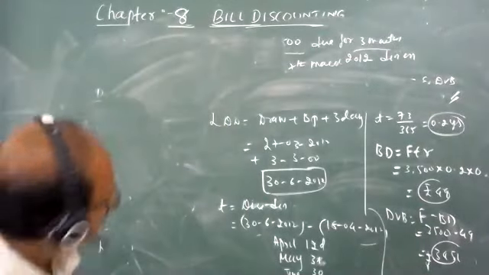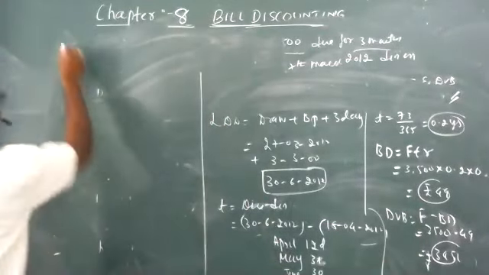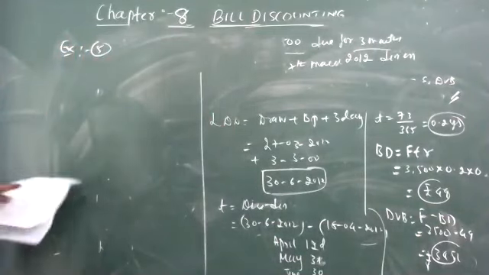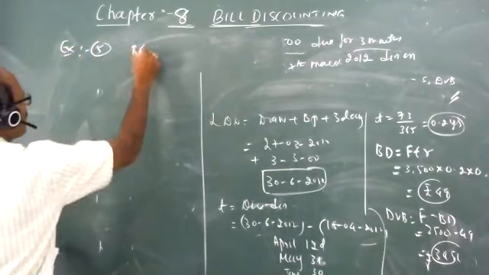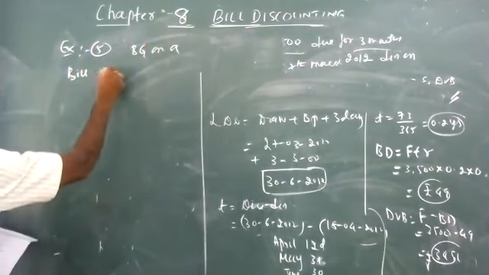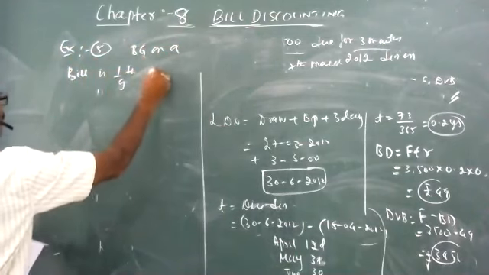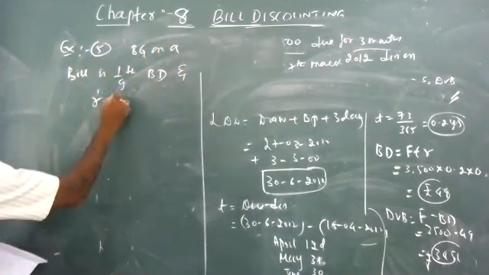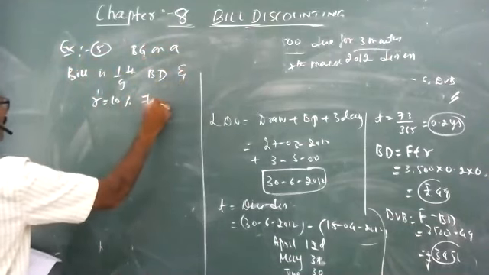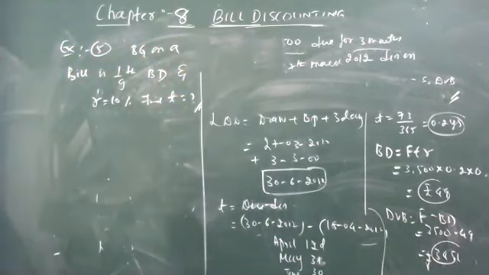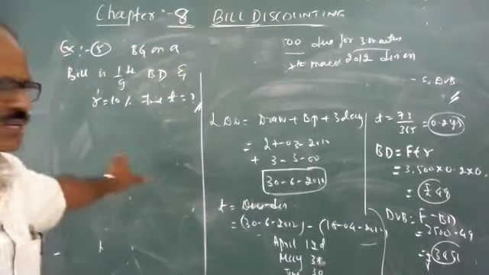Last example. What problem is given? It is given that BG on a bill is 1/9 of BD and R is given as 10%. Find T. The question is there in the textbook only.